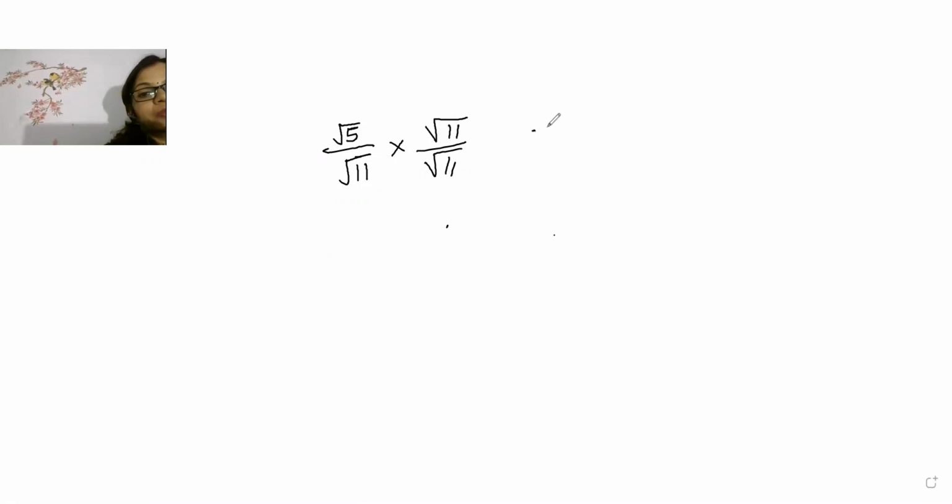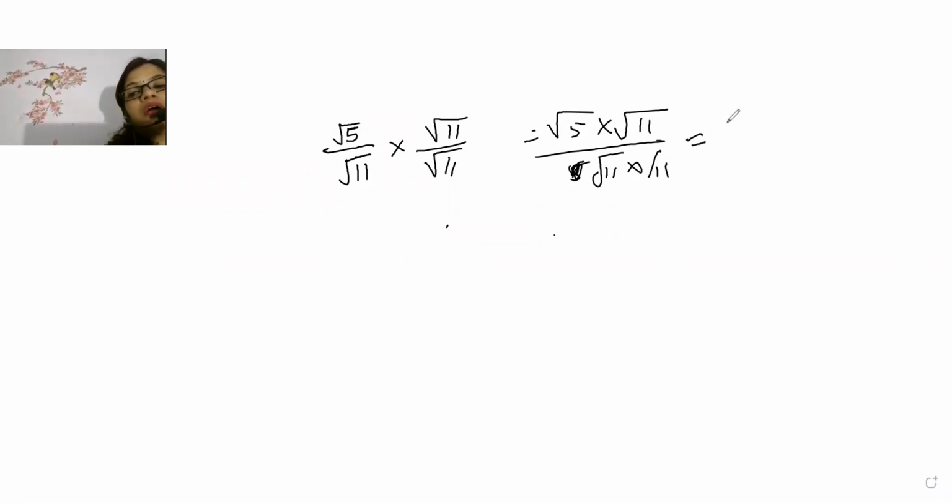So now, beta, here it will become root 5 into root 11, and root 11 into root 11. Root 55 by 11.